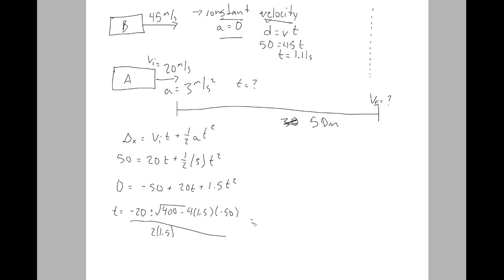So, plugging in what's in the square root into my calculator, I get 400 minus 4 times 1.5 times negative 50 becomes the square root of 700.